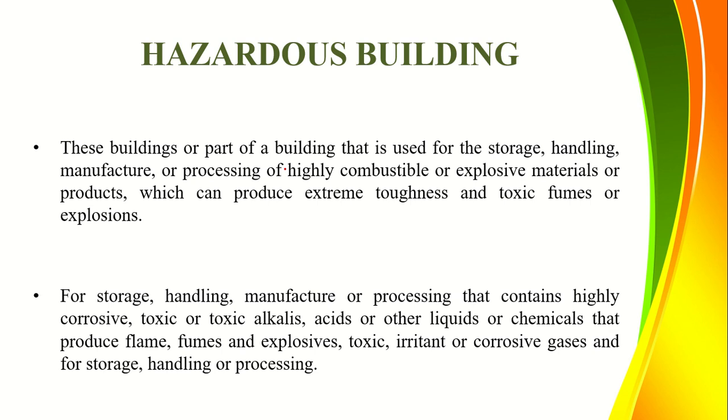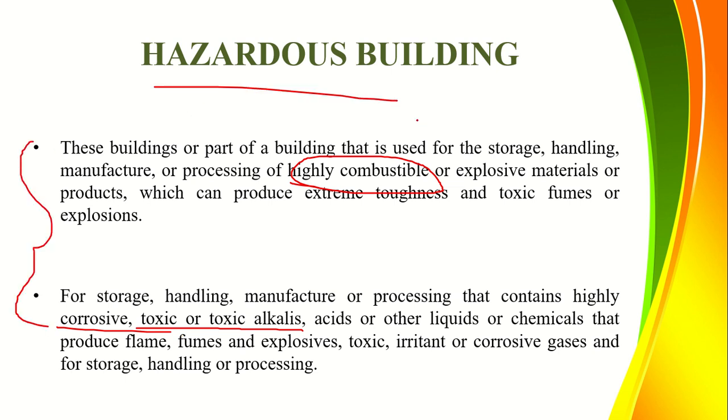Second category in hazardous buildings is those buildings which are used for the manufacturing and processing and handling and storing of substances which are highly corrosive in nature. So one is highly combustible in nature, next is highly toxic, corrosive in nature. Both are hazardous in nature, hence both classifications come under hazardous building.